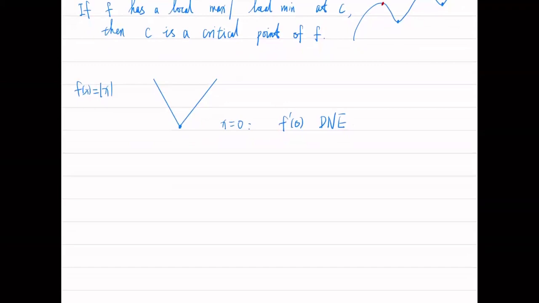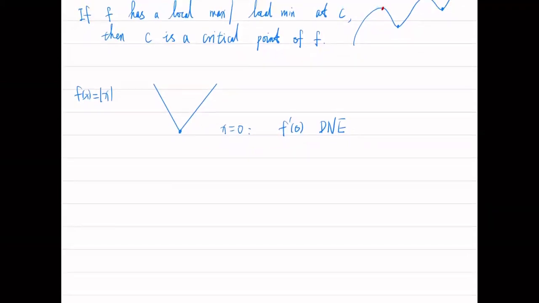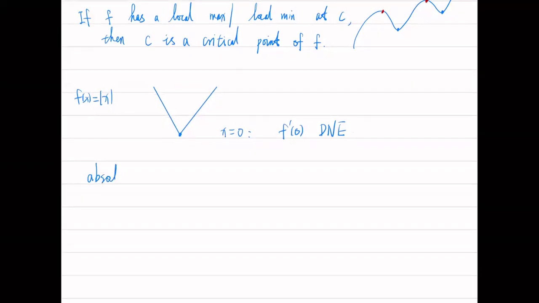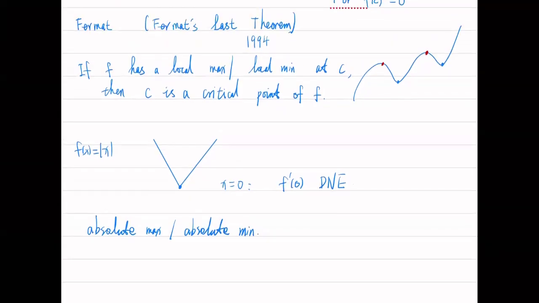And so this was the local max, local min. The absolute max, for the previous example, the absolute max is over there, the absolute min over there. So mark that point.